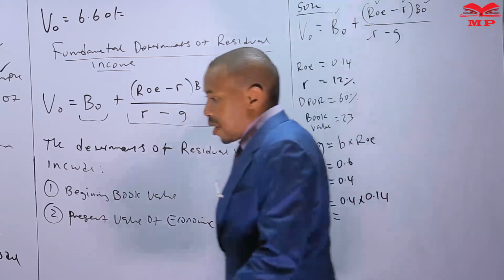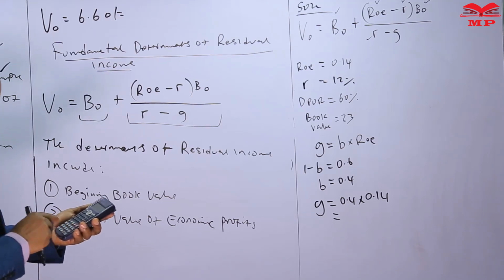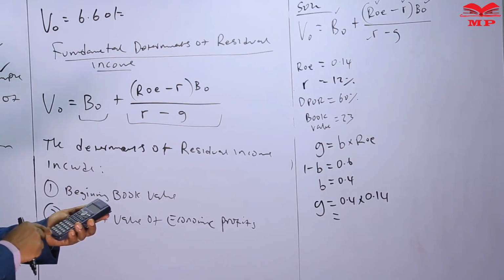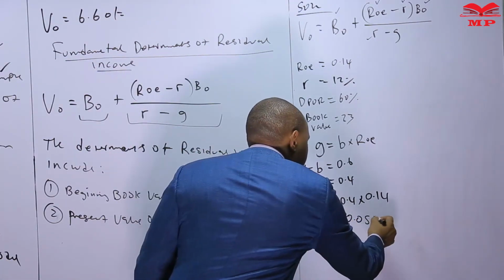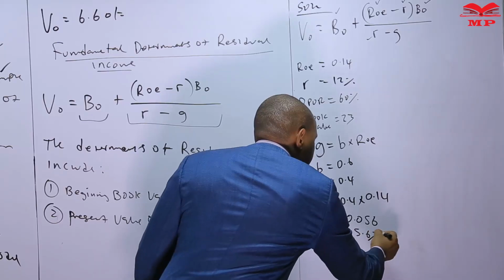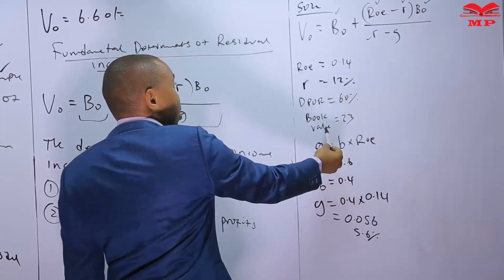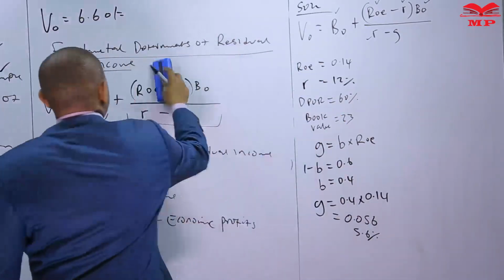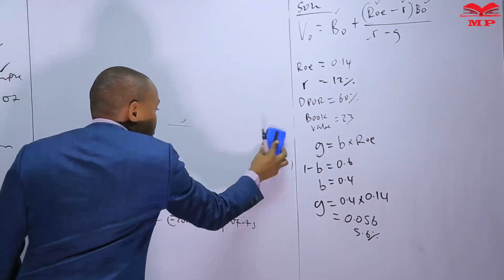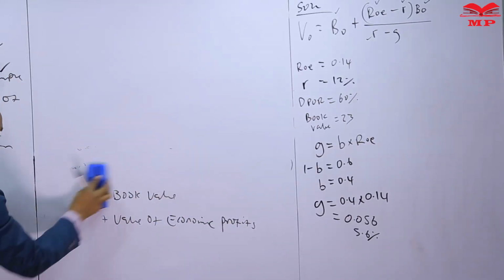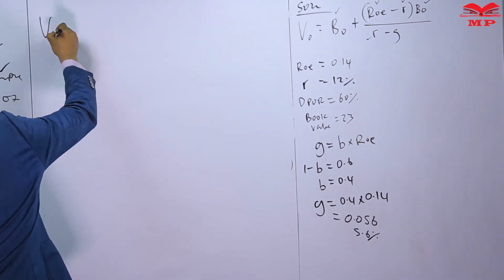How much do we have as the growth rate? 0.4 multiplied by 0.14 gives 0.056, or 5.6%. That is the G. Now we have all of the inputs. Putting it all together will assist us in computing the value of the security.